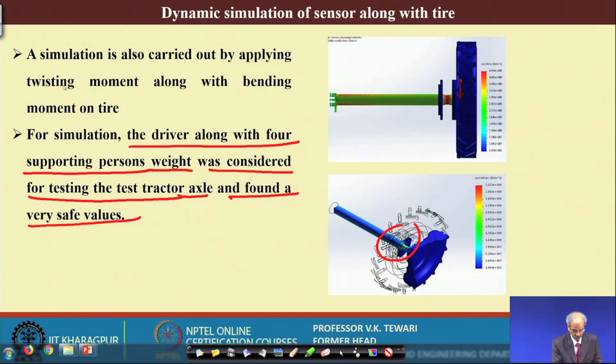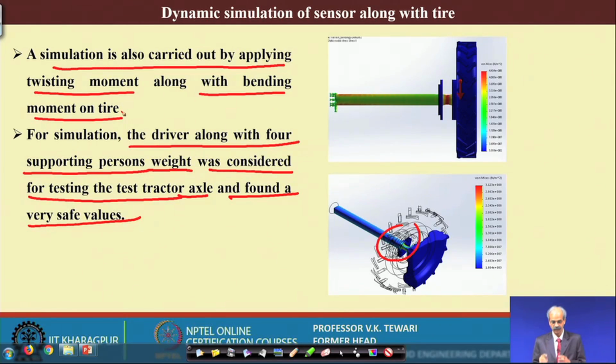And the simulation was also carried out by applying twisting moment along with bending moment on the tires. So, for this also we could do this. It is very essential to do this, so that we can understand where the weakest point is, where we can get a larger response, and what material of construction must be taken. Otherwise, we will fail.